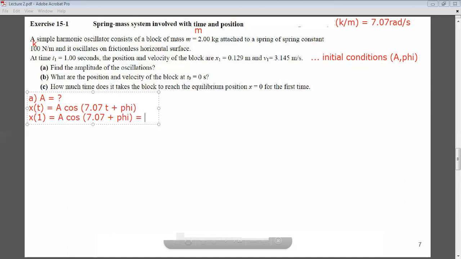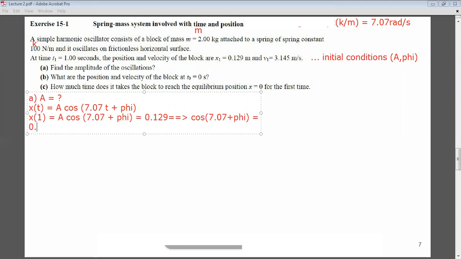And this is given to be 0.129. So this is the first equation. We can work a little bit more on this equation and get that cosine 7.07 plus phi is equal to 0.129 divided by amplitude.